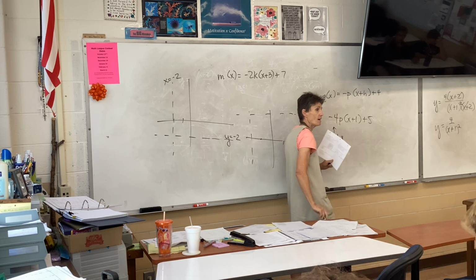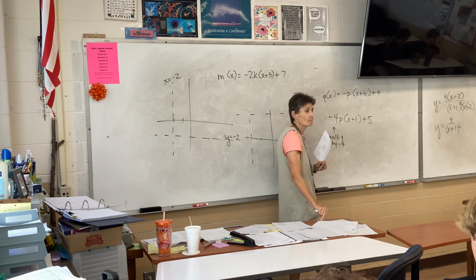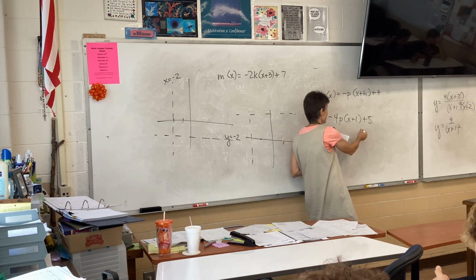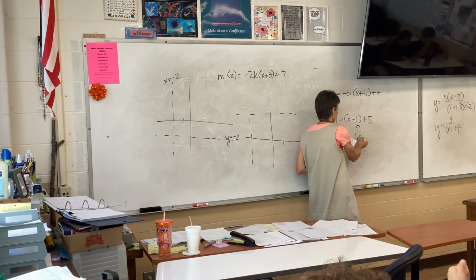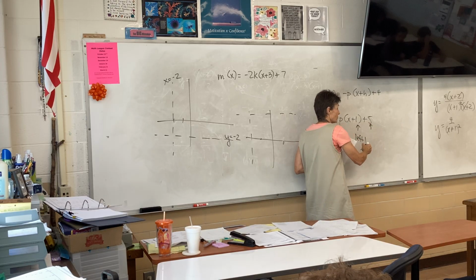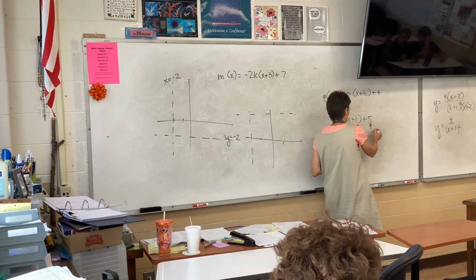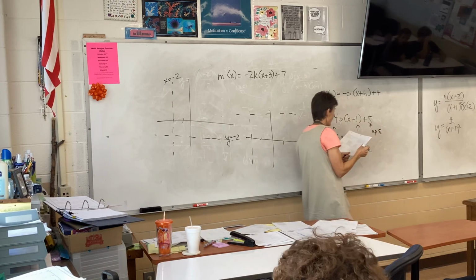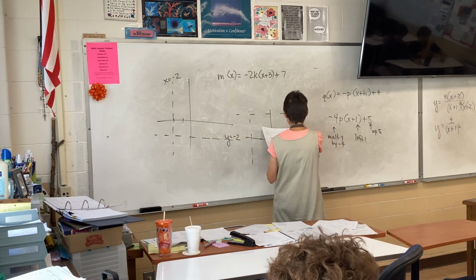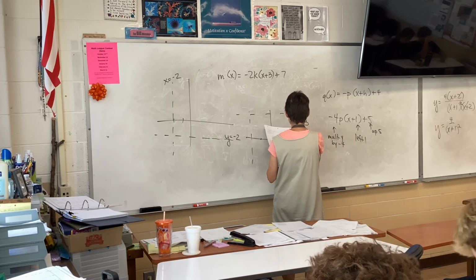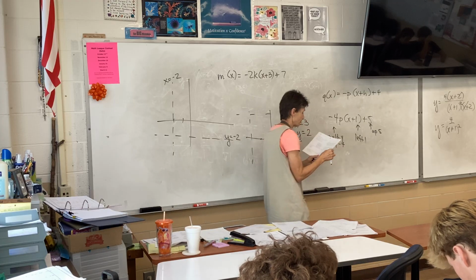We're turning it upside down and making it 4 times as big. What's this doing? Moving it to the left 1. And what's that doing? Up 5. Okay? So what's the original? The original was, we have a vertical at 3 and a horizontal at 2.